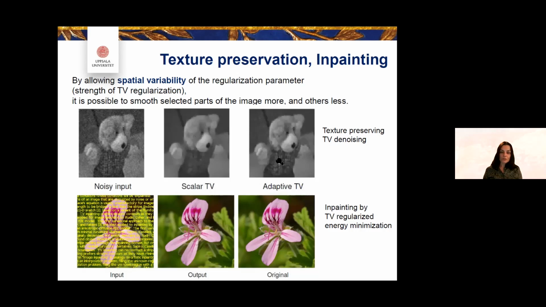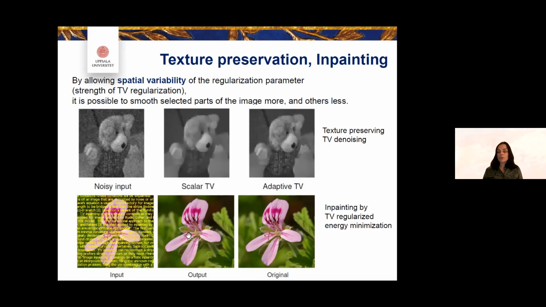So the texture, which is quite desired in certain regions of this image, is preserved, whereas in the clearly homogeneous regions I have achieved this homogeneity, and that is simply because I removed quite a lot of noise in these regions where that should be done.